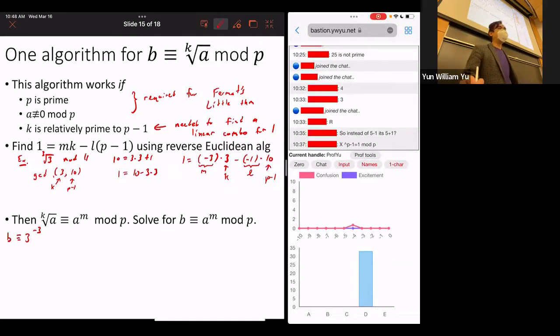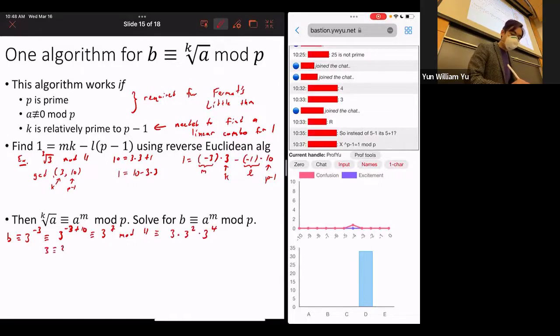There are a number of ways you can do this. One is you could solve the reciprocal and then multiply it a couple times. The other way of doing this is you notice that this is congruent to 3 to the minus 3 plus 10, right? Because by Fermat's little theorem, 3 to the 10 is equal to 1. So this is congruent to 3 to the 7 mod 11. You can break this up. This is congruent to 3 times 3 squared times 3 to the 4th.